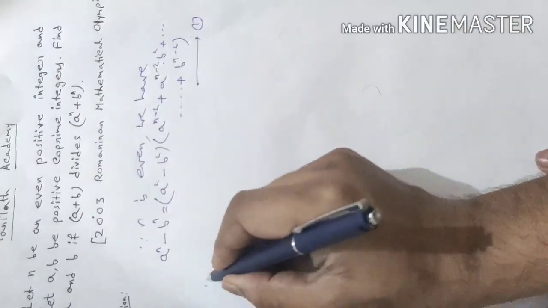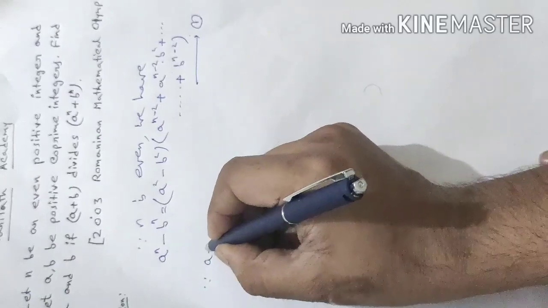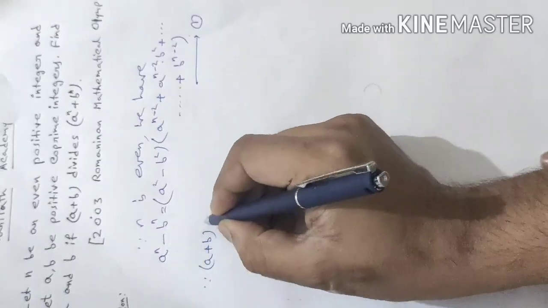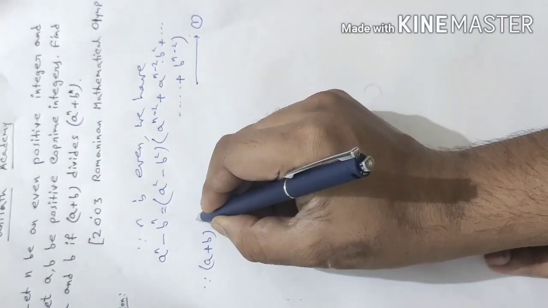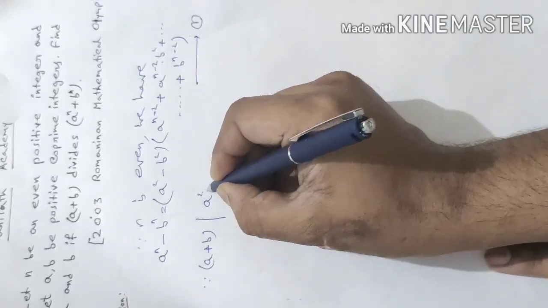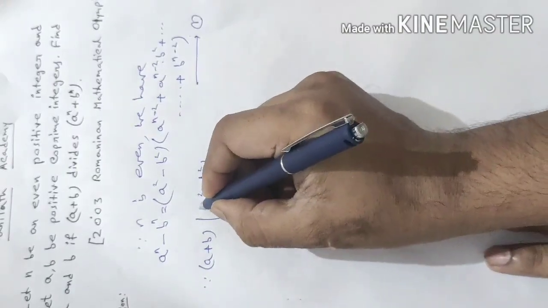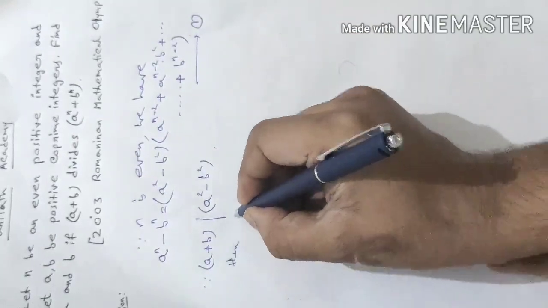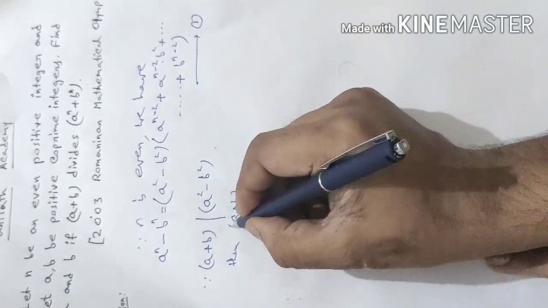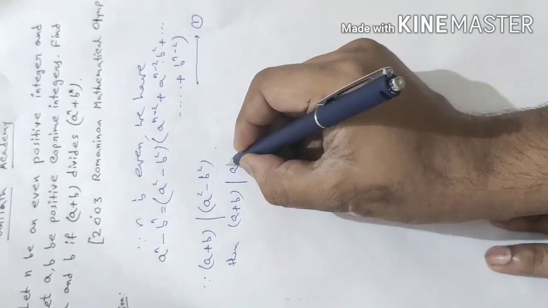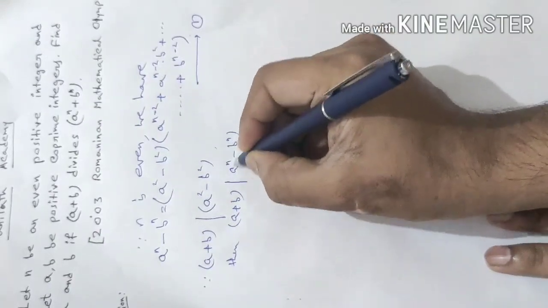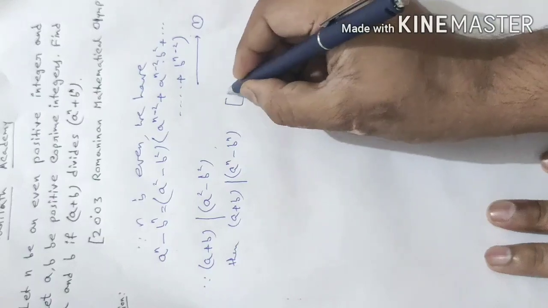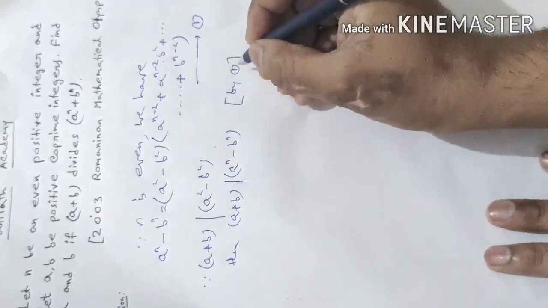Now since a plus b divides a square minus b square, then a plus b divides a to the power n minus b to the power n by 1.